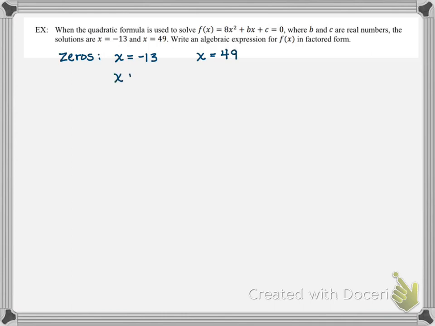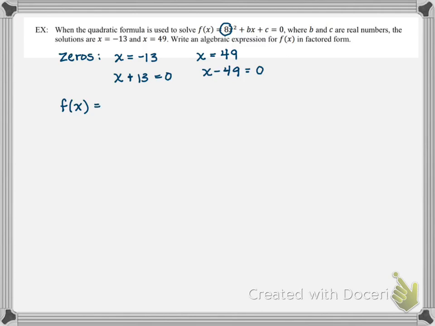So we have x plus 13 equals 0 and x minus 49 equals 0. What's my a? 8. Yep, again, we're given this. A is always the same.